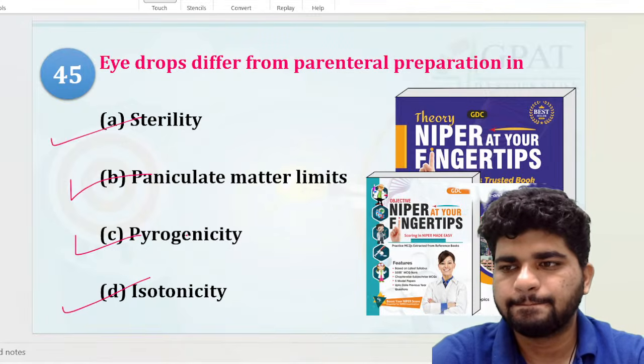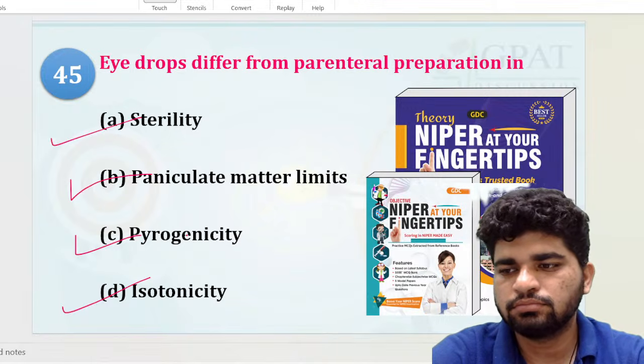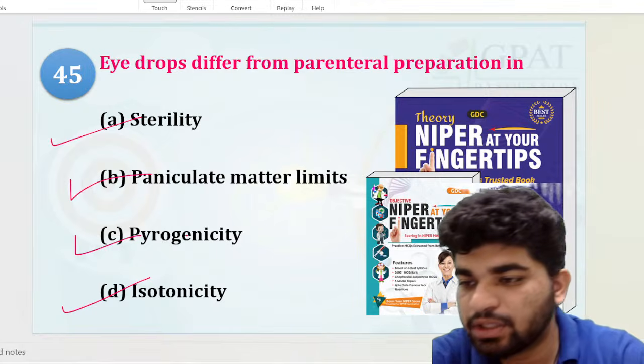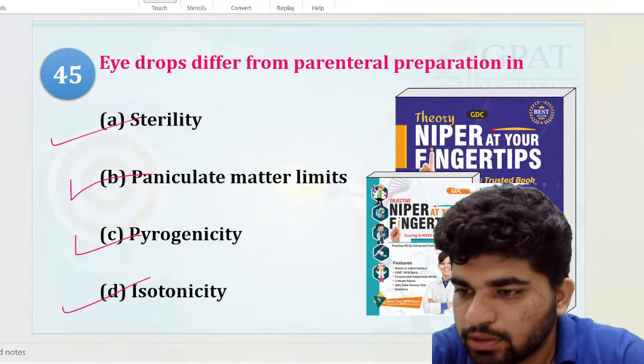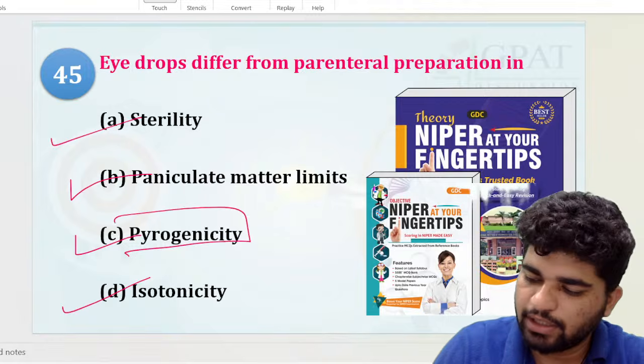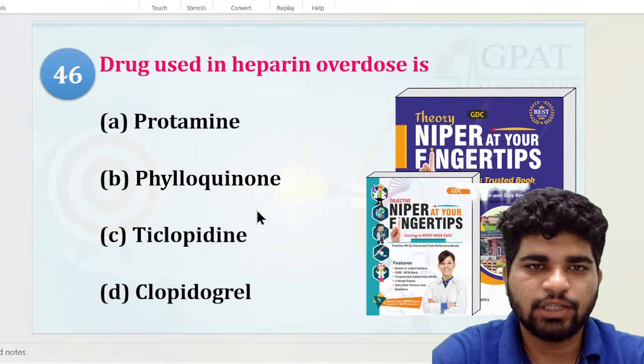Anyone? That's your pyrogenicity. Exactly. Vasundra, Nagaraju. Okay. Yes, pyrogenicity is going to be your correct answer. Very good, Magesh. Very nice. Pyrogenicity.